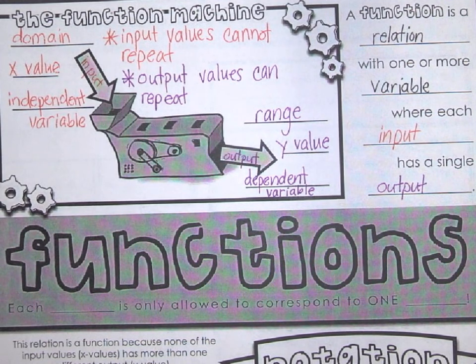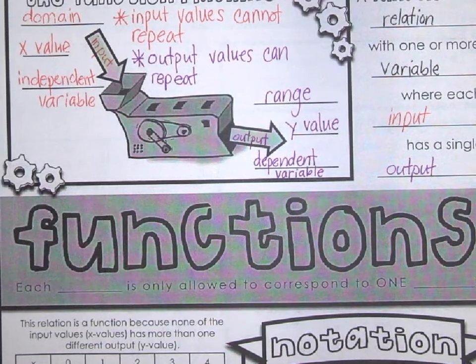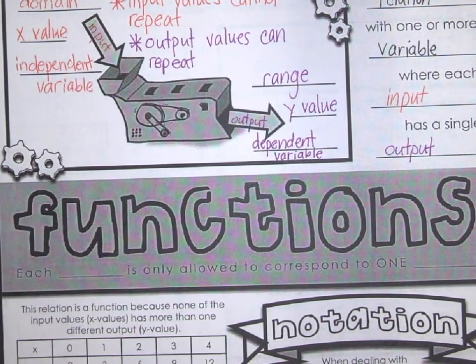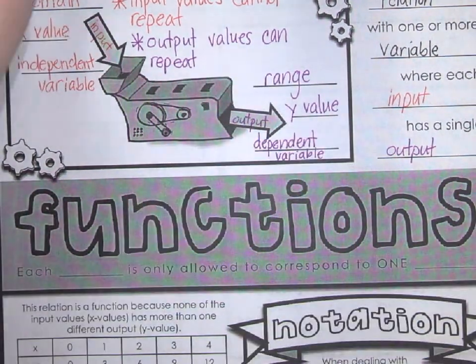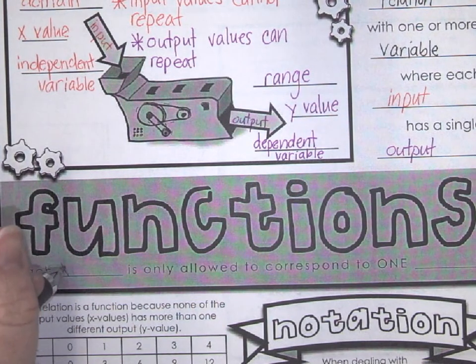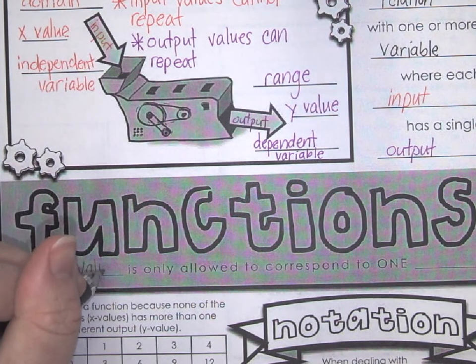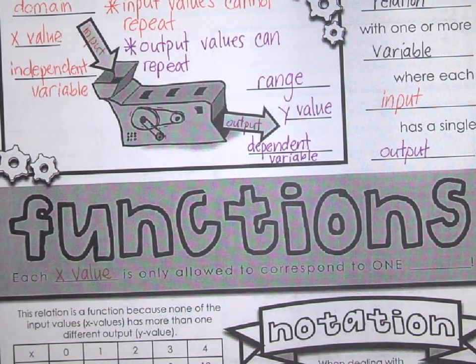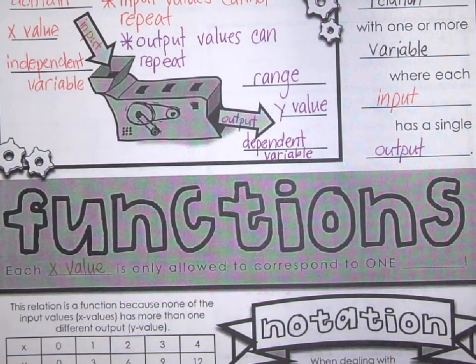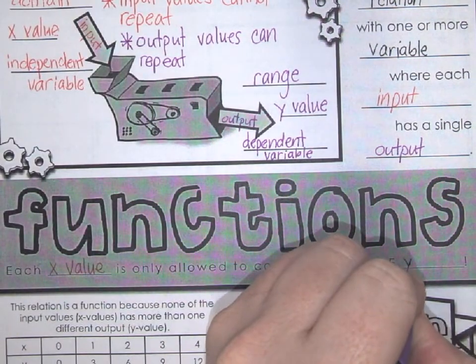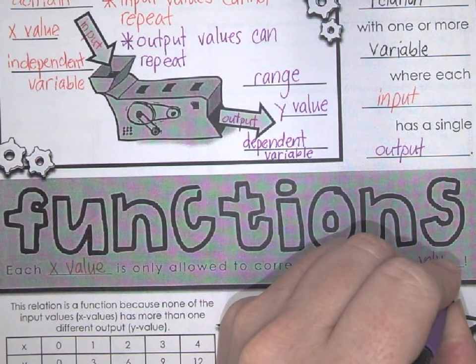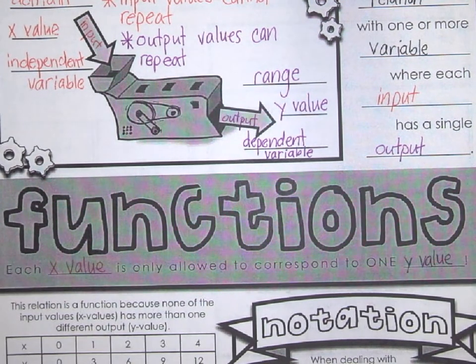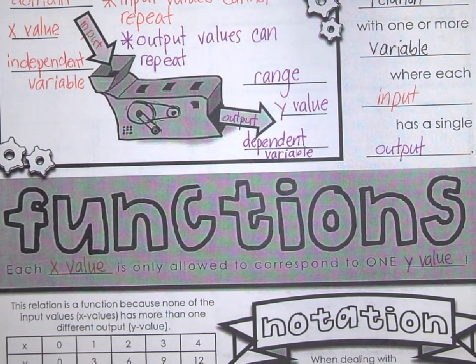When you have a function, each x value is only allowed to correspond to one y value. Right, so this is going back to that x's cannot repeat, input cannot repeat, output can repeat.